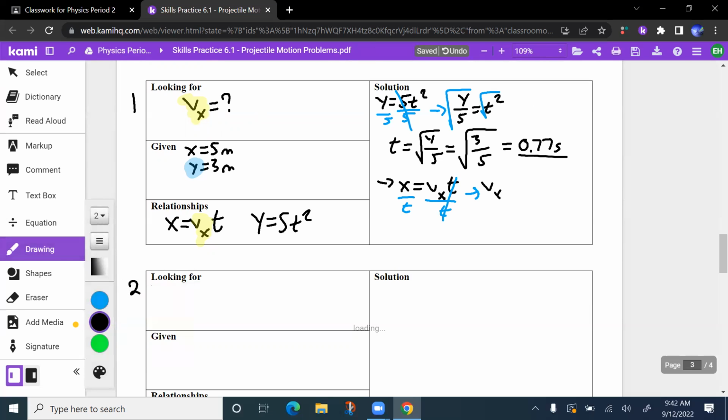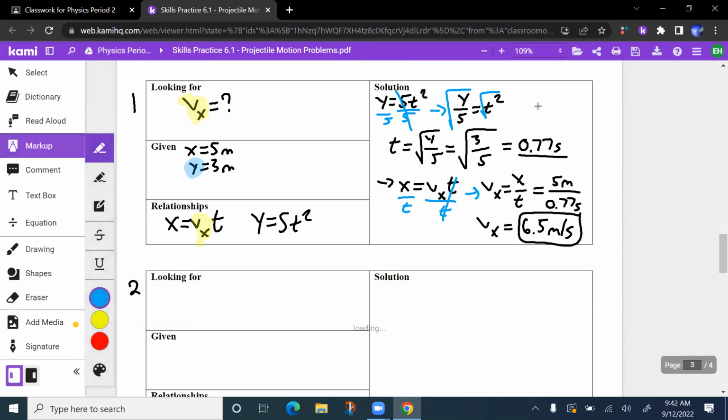Okay, so vx is equal to x over t. x is going to be 5 meters divided by 0.77 seconds. And you get about 6.5 meters per second when you put that in the calculator.